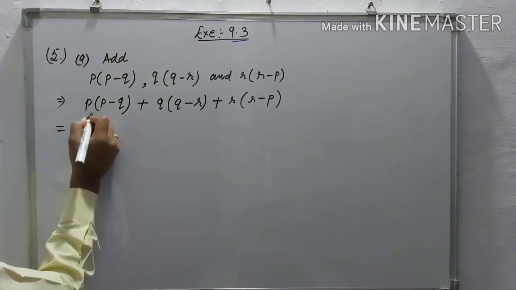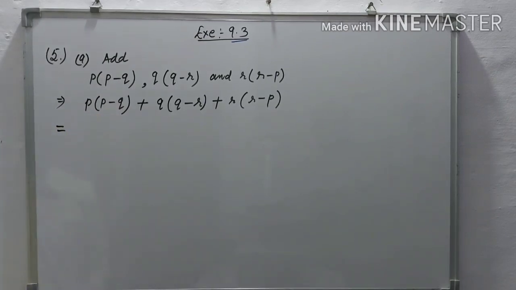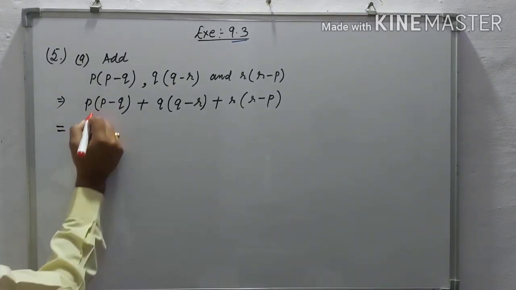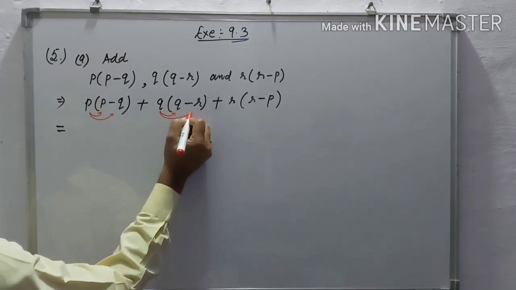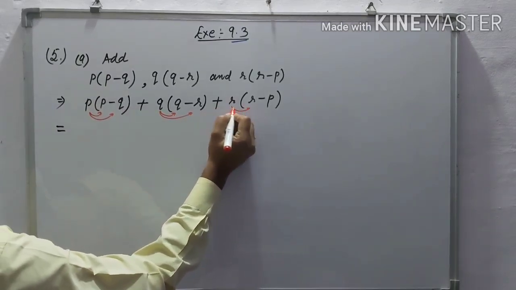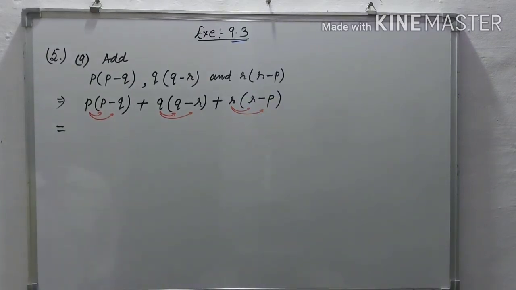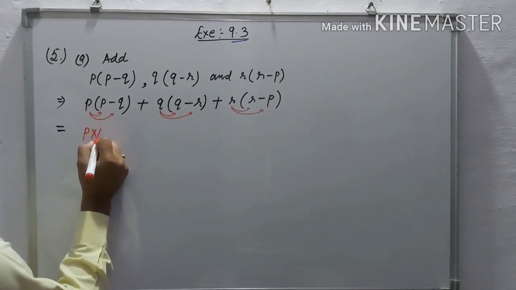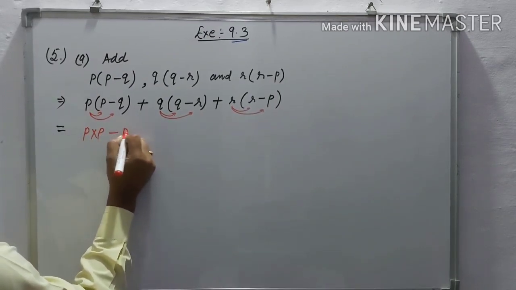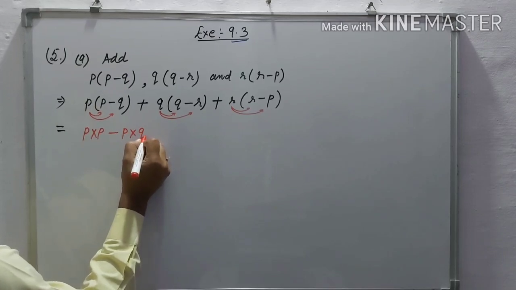To solve, open the brackets: first multiply, second multiply, third multiply. Okay, then p multiply p minus p multiply q.